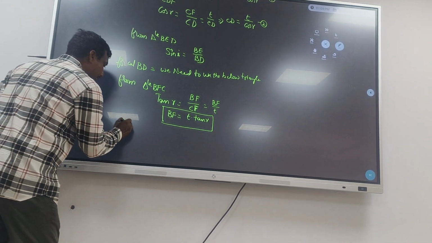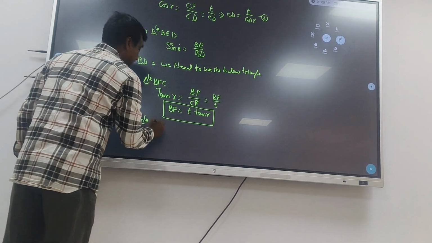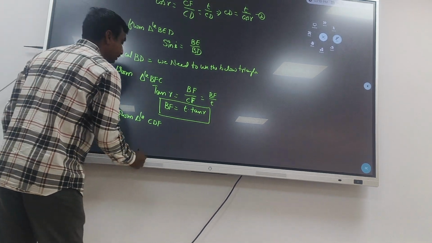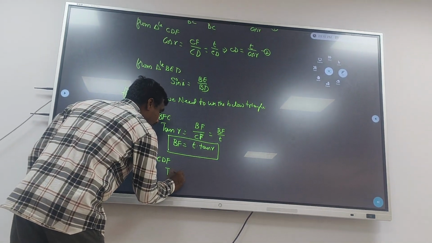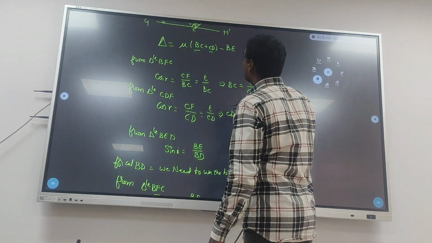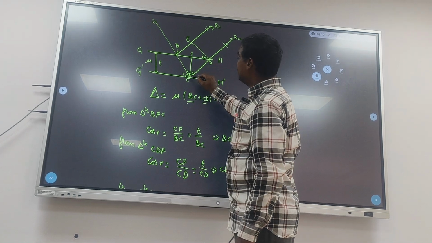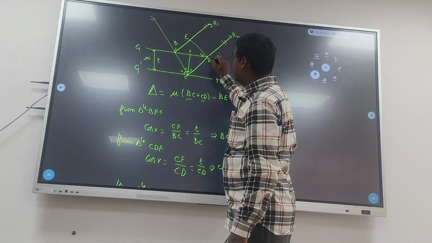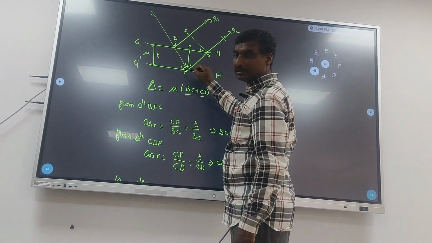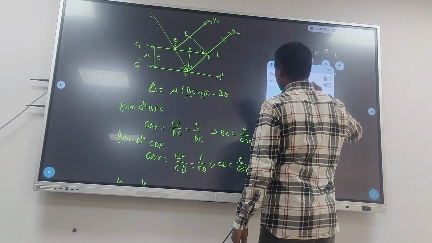And from the next triangle CDF, so tan r value is equals to, what is the tan r from the triangle? From FDC, tan r is opposite side by adjacent side. So that is equals to FD by CF.